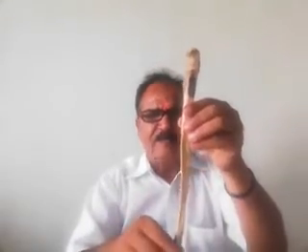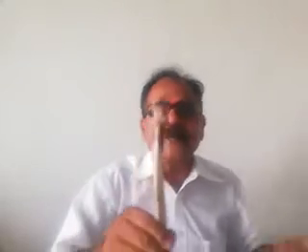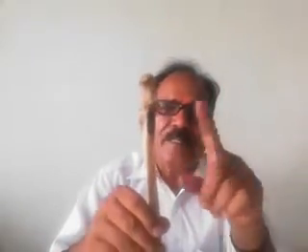So these are the important features and clues to determine the side of the bone. How to determine the side of the bone? These are the clues: superior, inferior, anterior, posterior, medial and lateral.